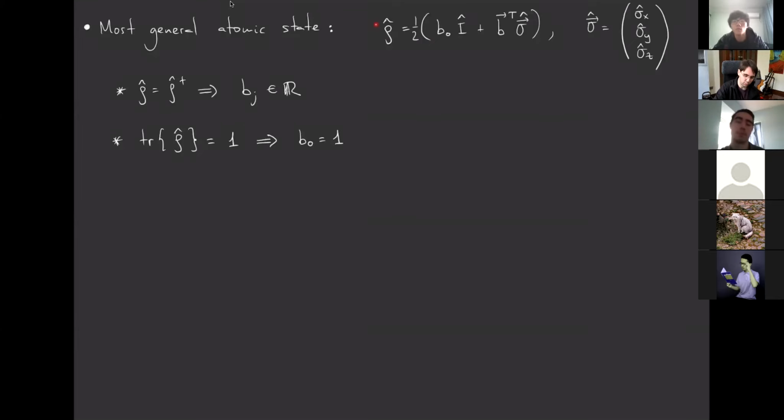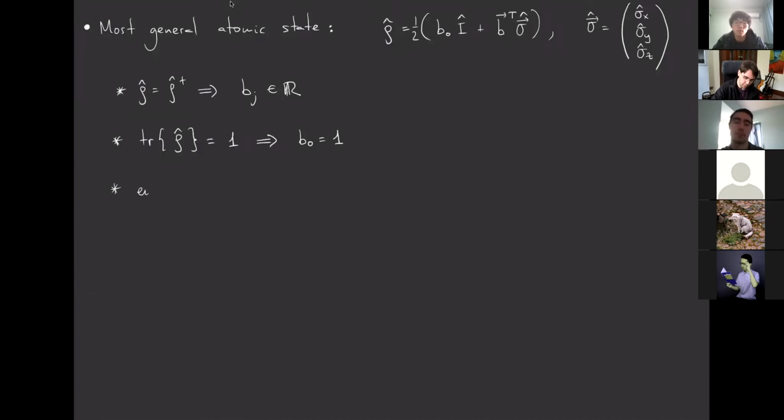Because if we take the trace of rho, this is equal to the trace of the identity, which is 2, and the trace of the Pauli operators, but we have seen that the Pauli operators are traceless, right? The trace of sigma is equal to 0 for every sigma. Therefore, the trace of rho is just equal to B0, because the trace of the identity is 2 divided by 2, 1. Okay?